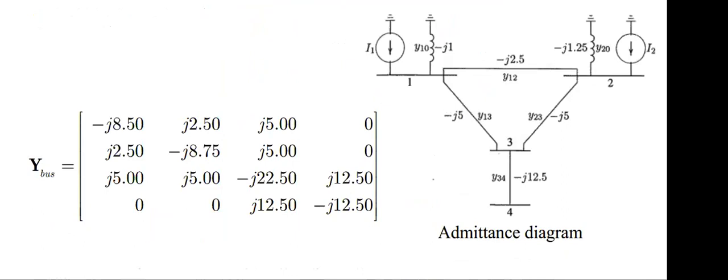Okay. You can compare that in terms of the earlier notation of the admittance diagram, whether this matches or not. You have the admittance diagram, right, in your hand. And that admittance diagram you can cross check or justify whether you can get that or not based on the coefficient matrix.